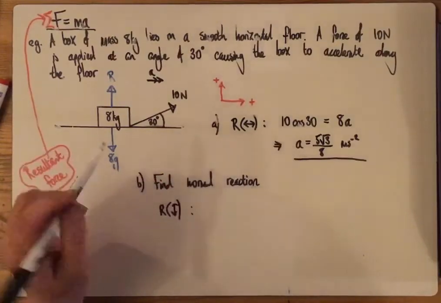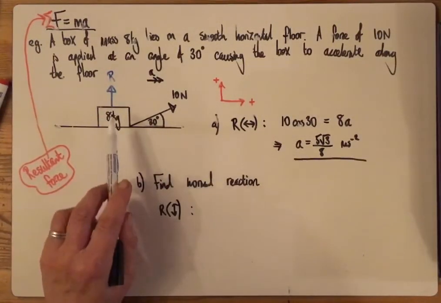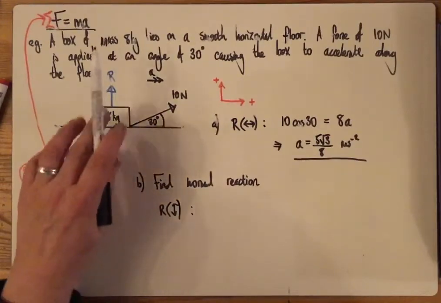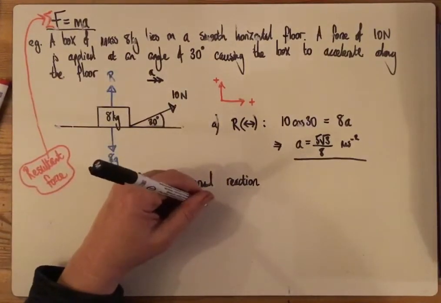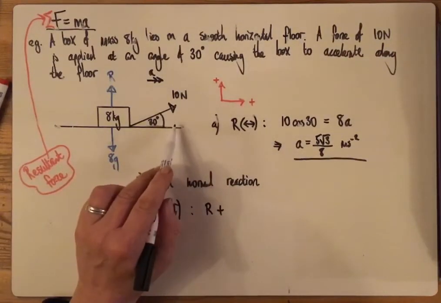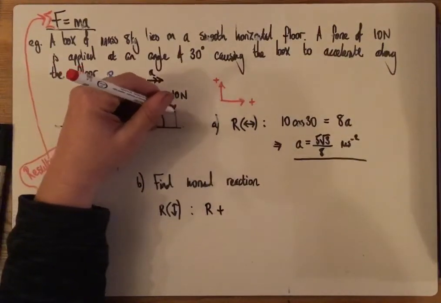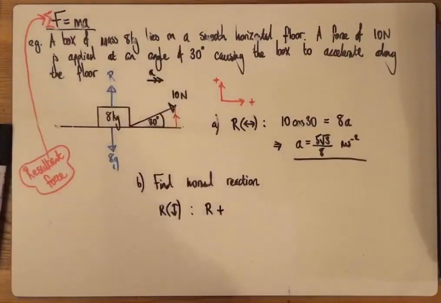And so acting in a positive direction, upwards, I've got R plus 10 sine 30. So that's that little bit of this force that's acting that way.